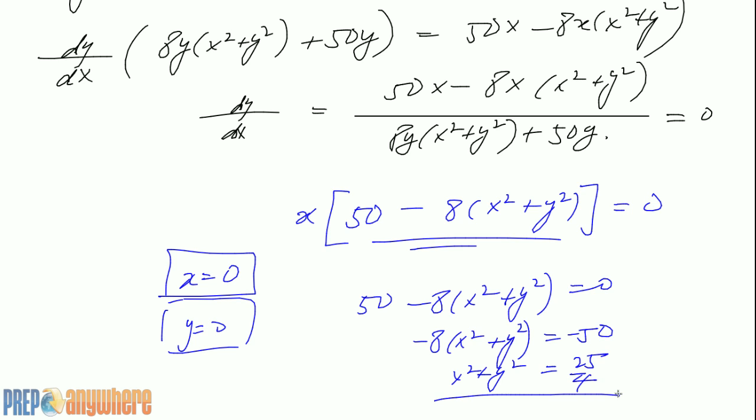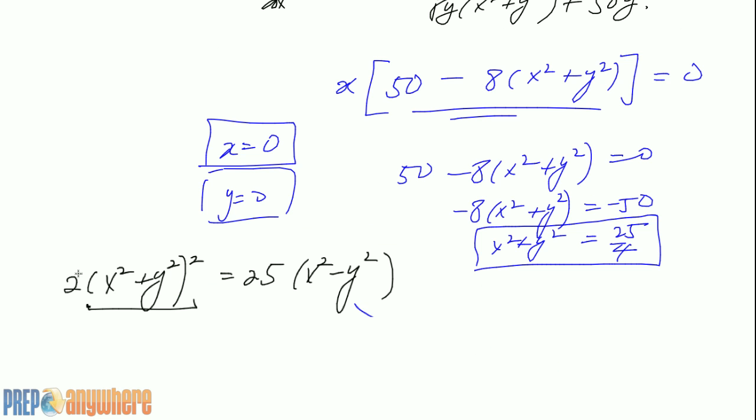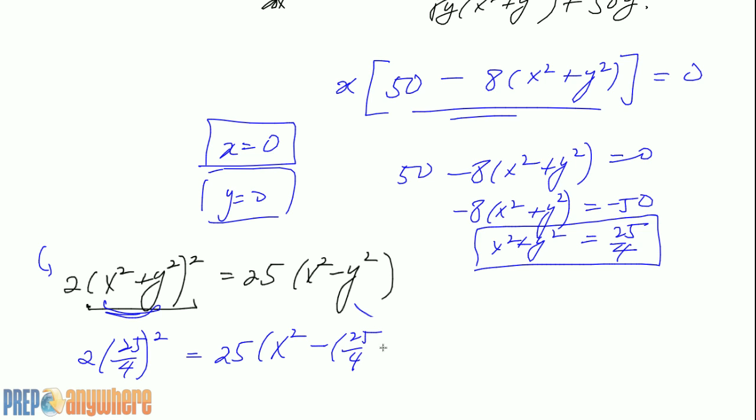Now this represents a circle. Let's go back to the original equation. I can replace x squared plus y squared with 25 over 4, so I have 25 over 4 to the power of 2. And the y squared, I can replace with 25 over 4 minus x squared.